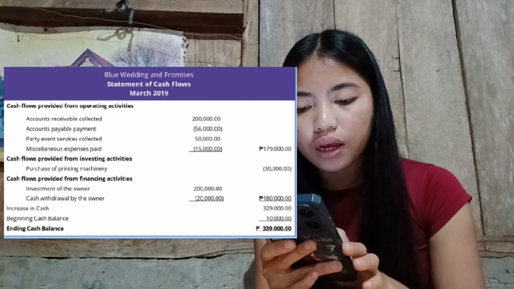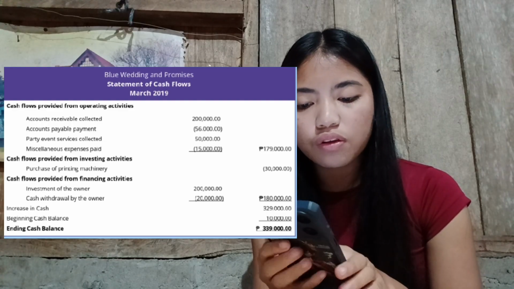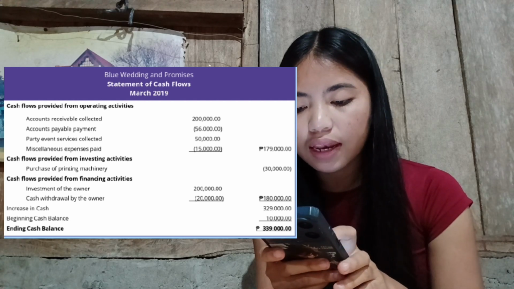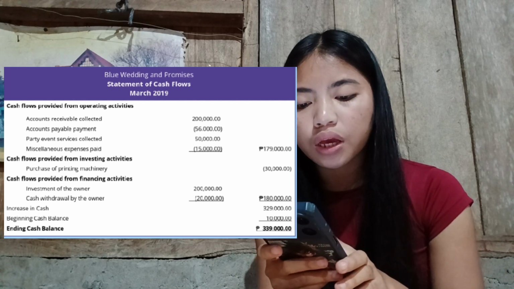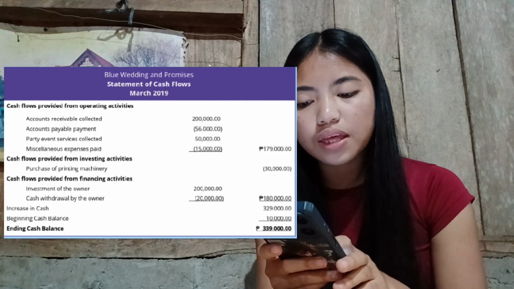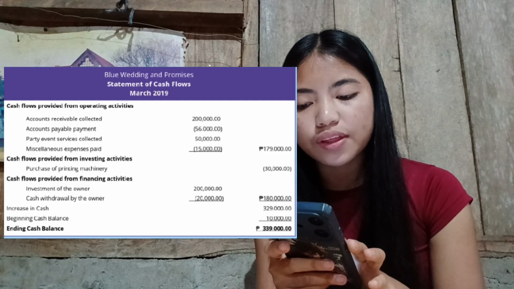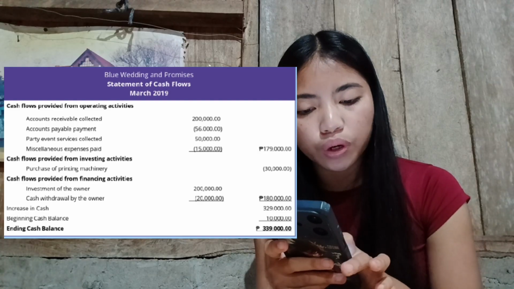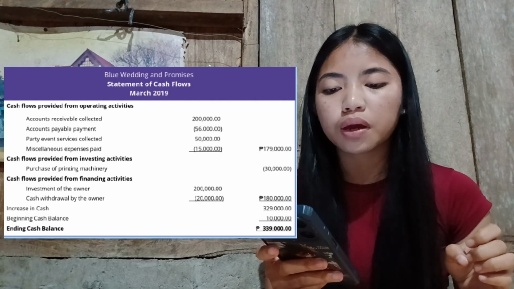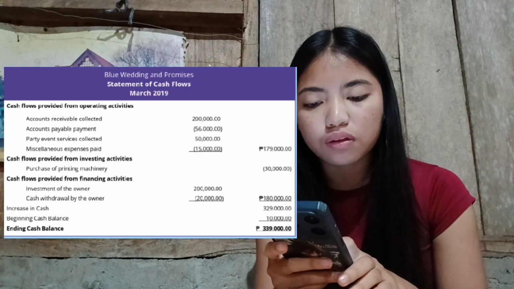And we have here the financing activities: investment of the owner, 200,000 pesos, and the cash withdrawal by the owner, 20,000 pesos. So we subtract the cash withdrawal by the owner from the investment of the owner. So 200,000 pesos minus 20,000 pesos is 180,000 pesos.